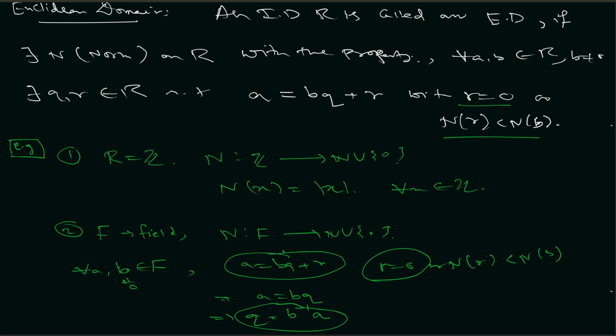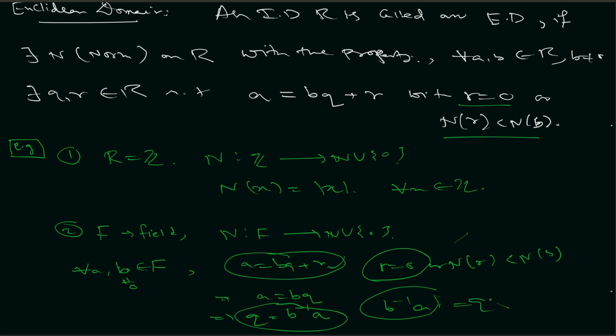Without loss of generality, I can choose r to be 0. If I choose r to be 0, I can definitely find q, because in a field every non-zero element is a unit, right? So b is a non-zero element, b is a unit, so I can definitely multiply by b inverse. B inverse a is your q, just the choice for q. You want a quotient q, right?